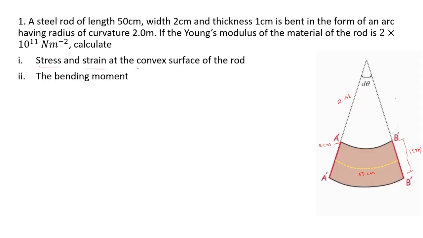the convex surface. While deriving an equation for the bending moment, we have seen that the strain at a surface which is Z distance from the neutral surface is given by Z by R. Therefore, strain at the convex surface is the strain at a point on this surface, and this is at a distance half of the thickness.